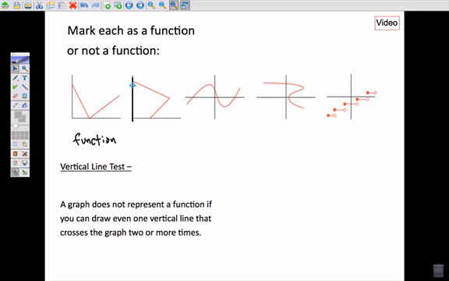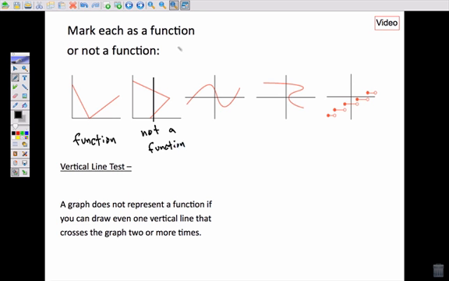On this second one, I'm going along and I'm fine, it's only intersecting once. Now we've run into a problem, because now it's intersecting here and here. If it intersects at 2 points, that tells you this is not a function.